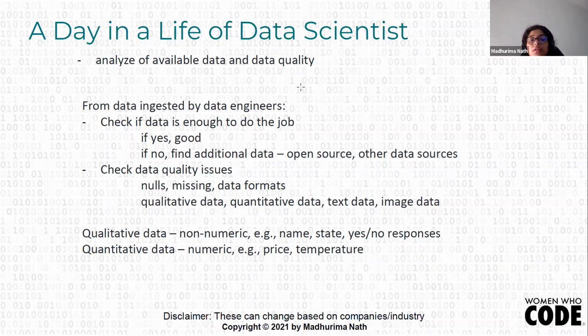So then what do I do? Do I need to find some additional data sources? Do I need to get some open source data? Do I need to ask the data engineers to bring in more data? That's the first job we have after we have figured out what kind of problem we need to solve.